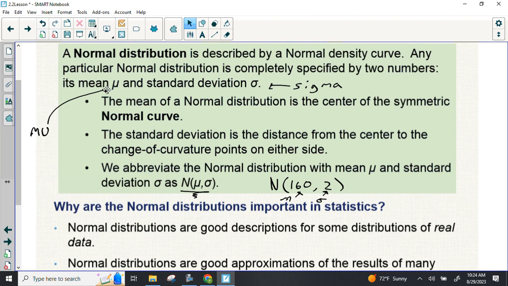If you get thousands and thousands of data points, you'll get a nice bell-shaped curve distribution. Most data, like heights and incomes, will follow a normal distribution if you have a large enough sample. That's the key. With a small sample, it'll look funky. But with a really big sample, it will come out looking approximately normal.